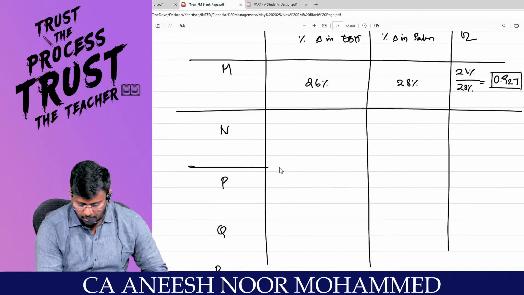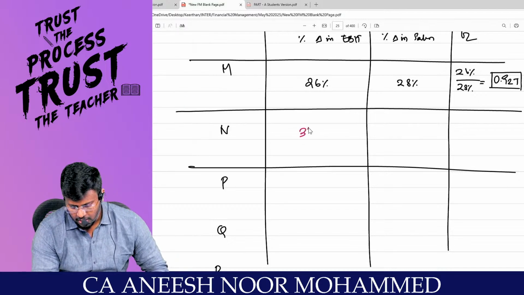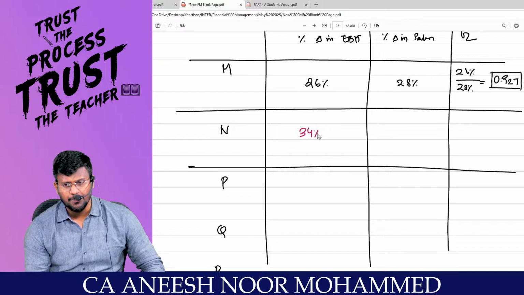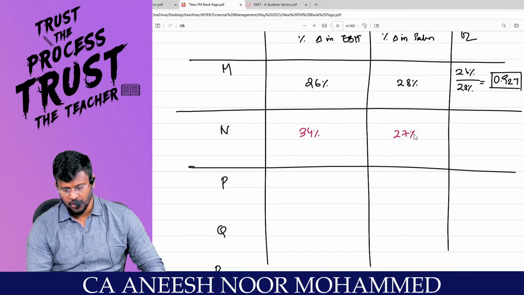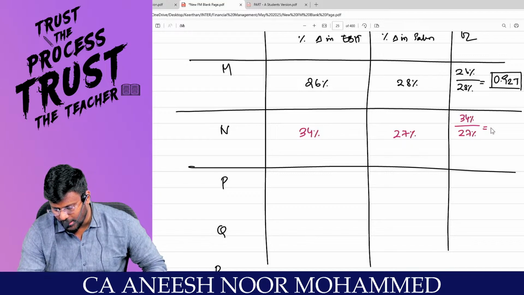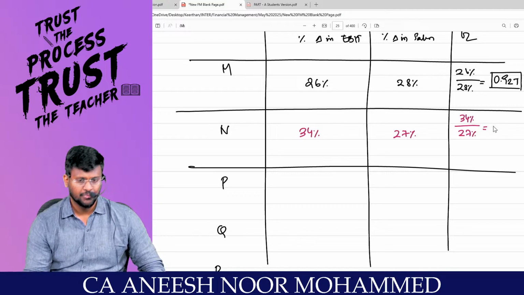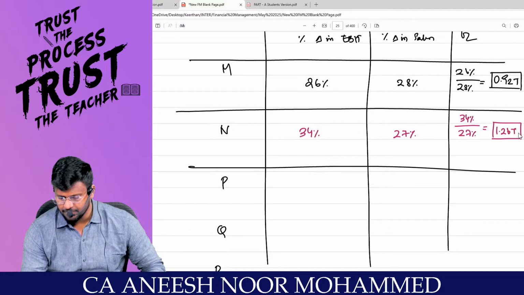Coming to the next firm, what is the percentage change in EBIT? 34%. What is the percentage change in sales? 27%. That means 34% divided by 27% is equal to 1.26 times. Comfortable, sir?